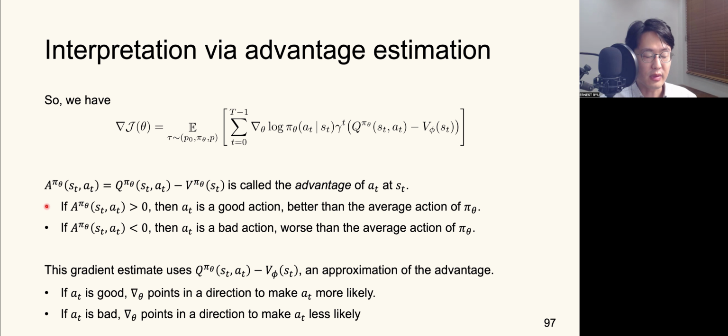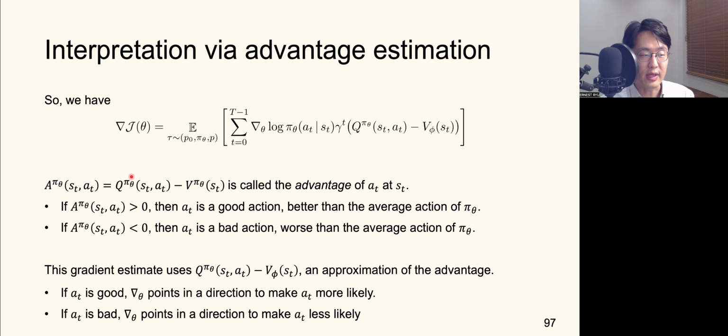The meaning of it is, if the advantage is positive, then the input action a_t is considered a good action. Why so? Well, it's better. The action a_t is better than the average action of pi theta, right? Because V pi theta takes the current state s_t, chooses an action according to pi theta, and sees what happens.